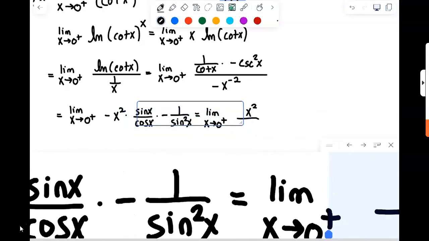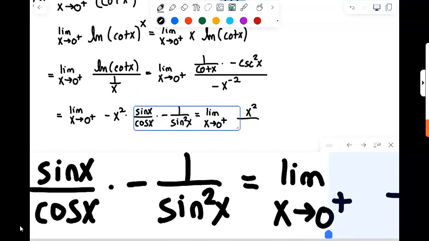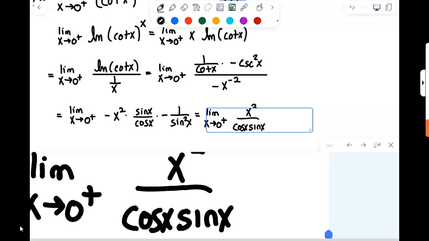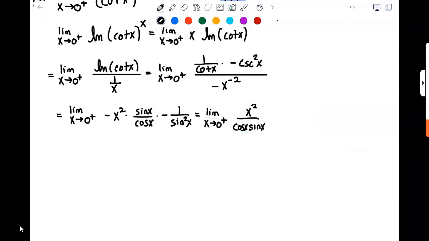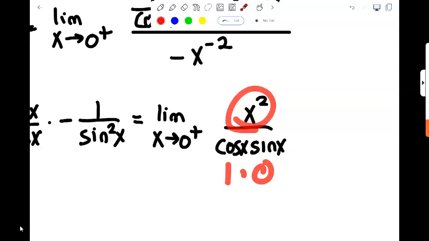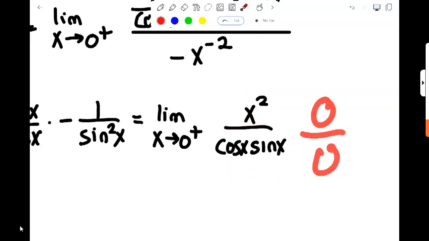And one of the sines in the bottom will cancel with the 1 in the top, leaving me with just a cosine x, sine x in the bottom. So now that I've cleaned it up, I can see, what do I have now? Well, as x goes to 0, the top is still 0. As x goes to 0, cosine goes to 1, but sine goes to 0. So we're still stuck with actually a 0 over 0 limit again.